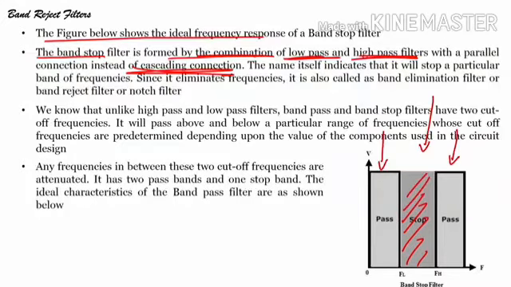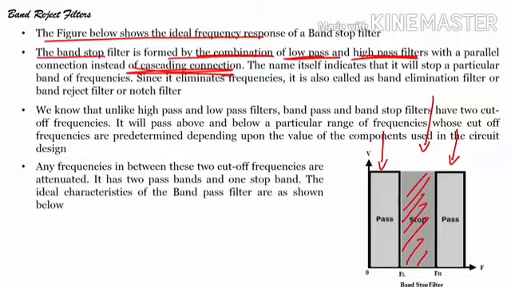In the case of the band stop filter, we connect the low pass filter and the high pass filter in a parallel connection. So, remember that when you have to design a band reject or band stop filter, you have to connect your low pass and high pass in parallel.